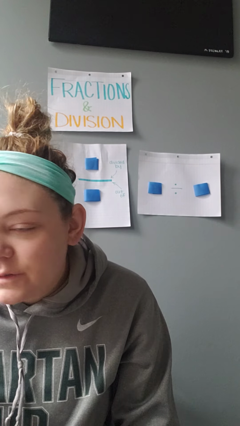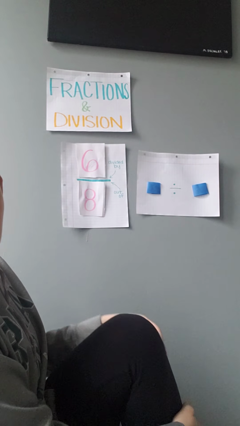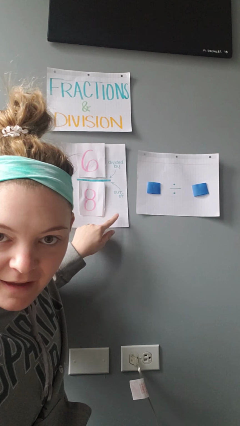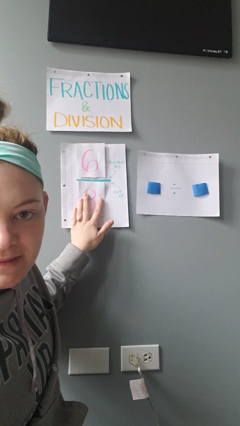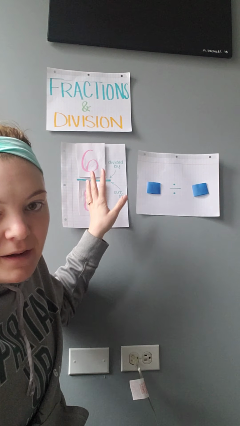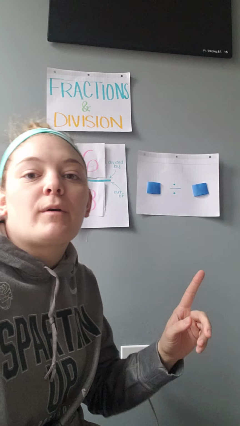All right, now I'm going to read you one, and I want you to try and write it out yourself, okay? 8 students share 6 breakfast bars. 8 students, remember the students stay on the bottom, the people stay on the bottom, share 6 breakfast bars.